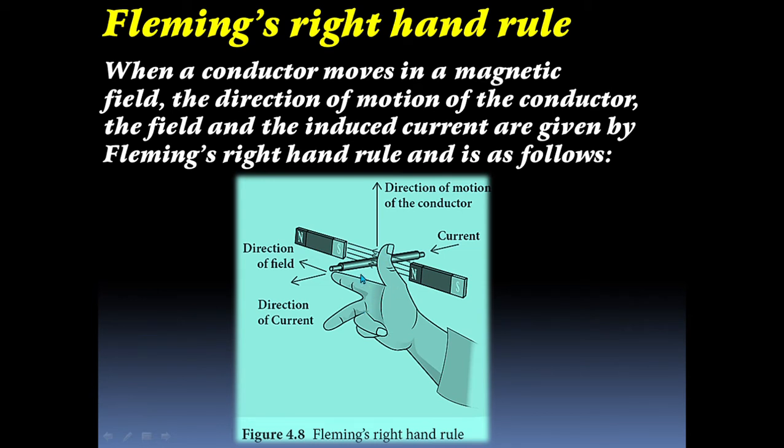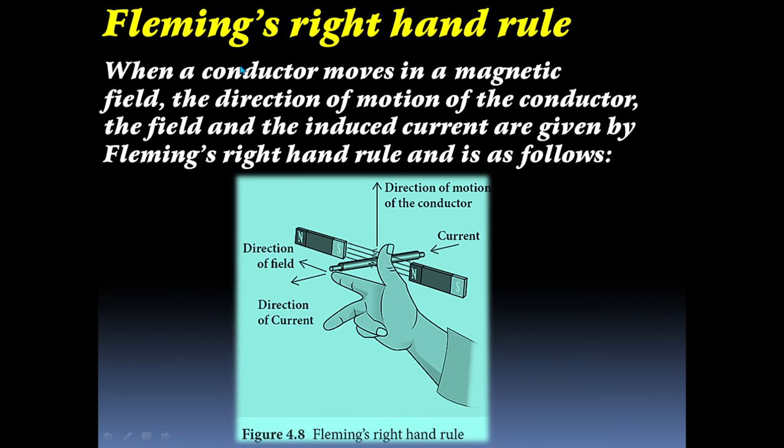The forefinger, or index finger, indicates the direction of the field. The thumb indicates the direction of motion of the conductor. The last, the middle finger, indicates the direction of current.